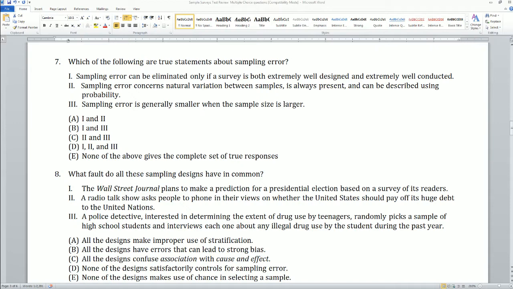No, because sampling error can never be eliminated. That is the basic definition. The sampling error can never be eliminated because it is a sample, not the entire population. Have you taken calc? No. Do you know the idea of a limit? Yeah.